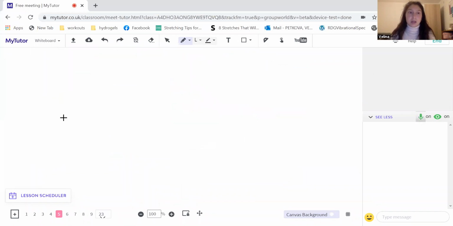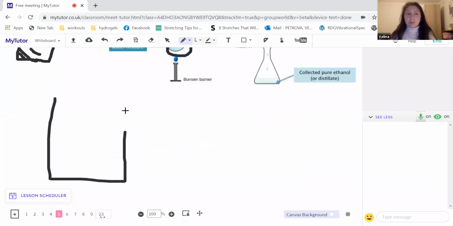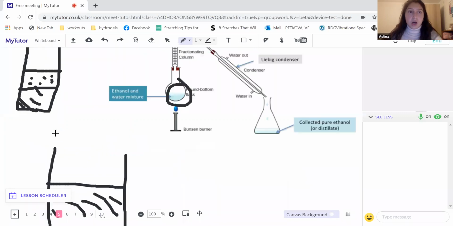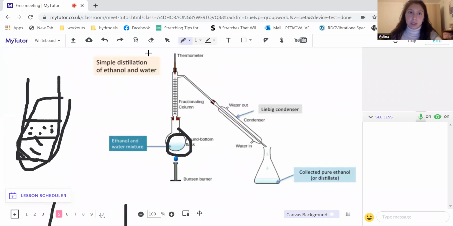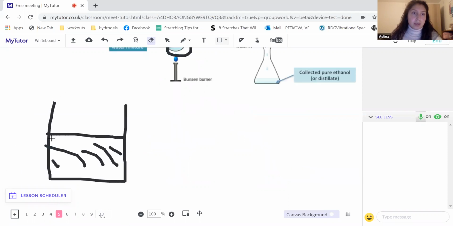However, as we see here, the ethanol and water mixture just forms a whole liquid. They have fully mixed together, as opposed to having this separation, as can be seen when you have oil and water. So that's a miscible liquid, something that can mix without separating and forming layers.